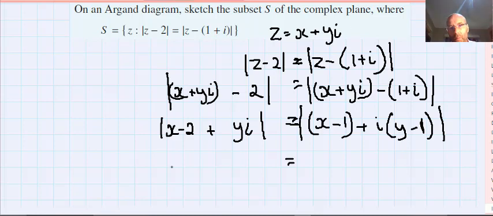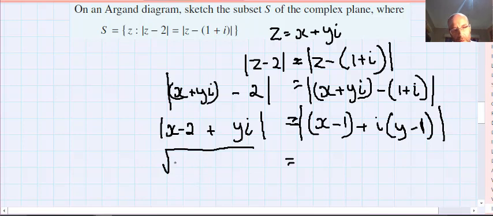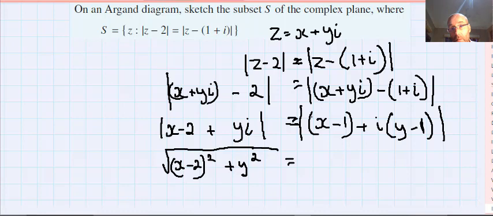Applying the definition of magnitude, and we do that to both sides.